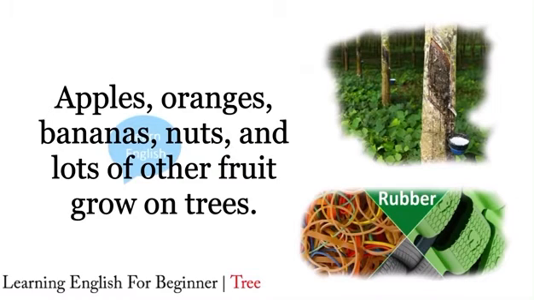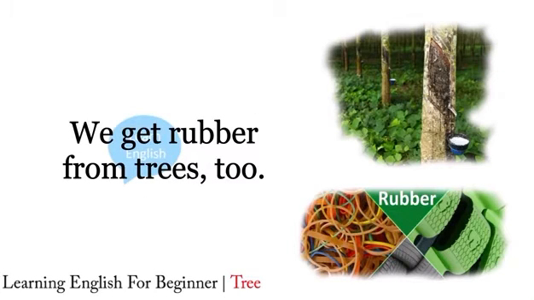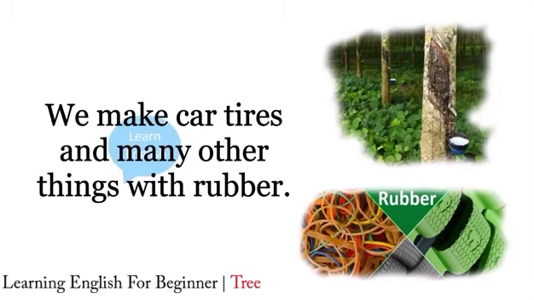Apples, oranges, bananas, nuts, and lots of other fruit grow on trees. We get rubber from trees, too. We make car tires and many other things with rubber.